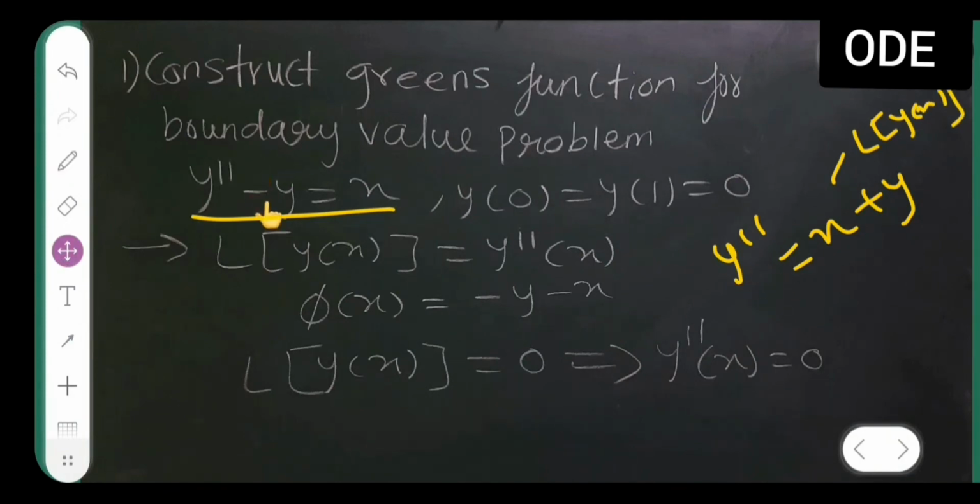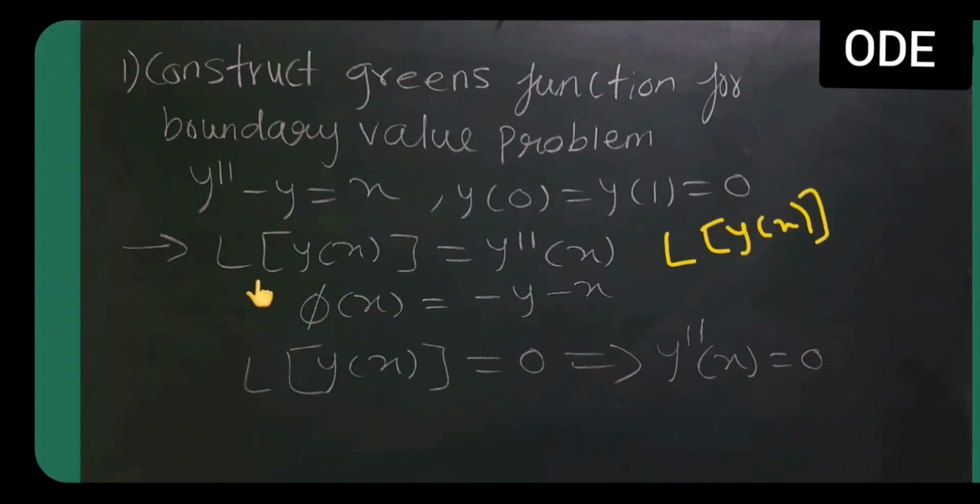Now this minus y, if I take it to the other side, it will become plus y. Let me rub this part first. The statement is L of y of x plus phi of x is equal to 0.